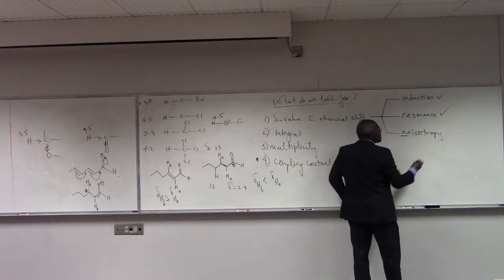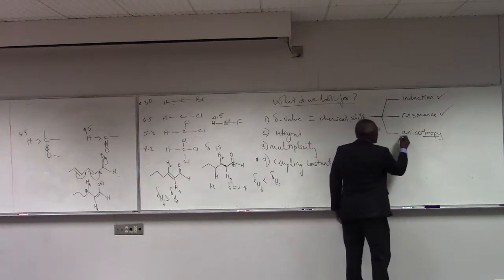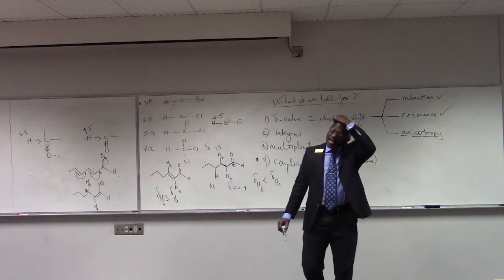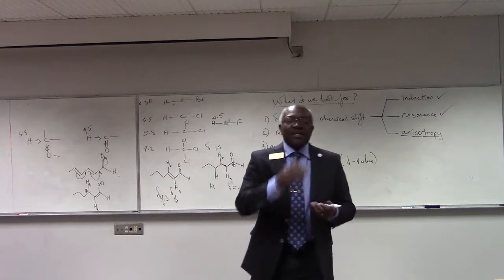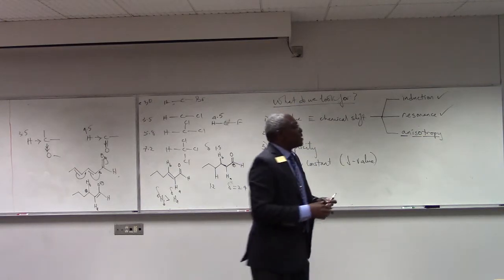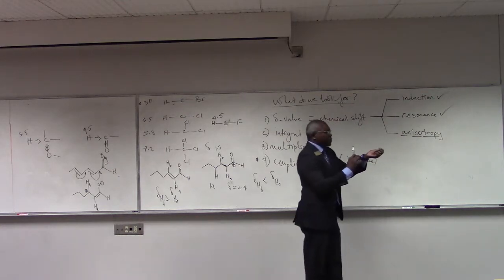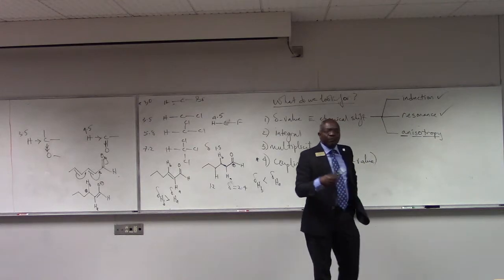So what it means is that the form tropos is uneven in space. So anisotropic means that the form tropos is uneven, aniso, right? And this is a spatial feature that is a consequence of pi systems.